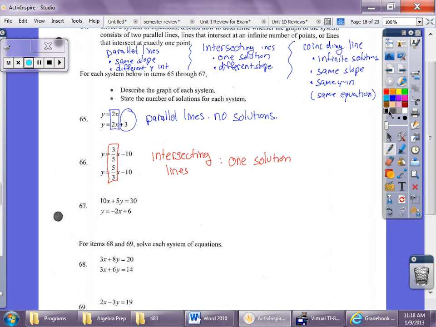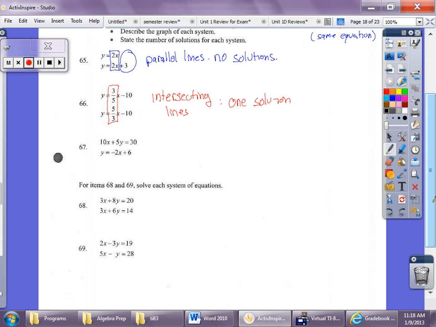And then with the last one down here, we need to write this in y equals form. So what we have to do is subtract the 10x. So we get 5y equals negative 10x plus 30, divided by 5. So we have y equals negative 2x plus 6.